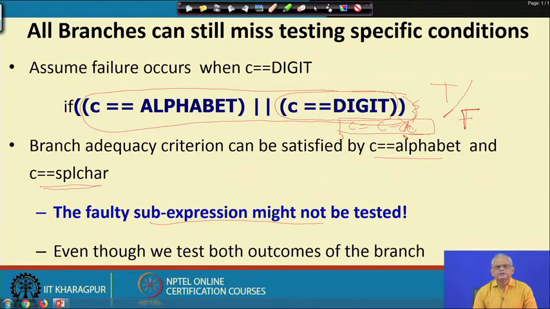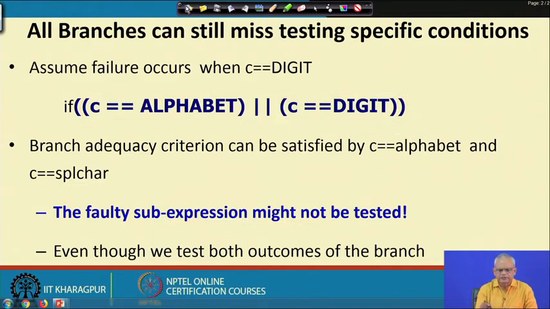That gives us a hint that we should look at the sub expressions and ensure that the test cases make each sub expression assume true and false values. Exactly based on that idea, the basic condition coverage testing is designed.